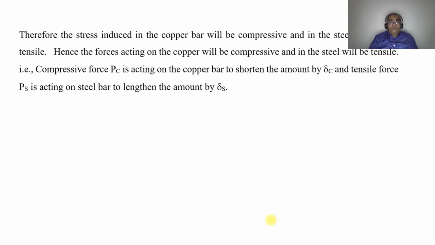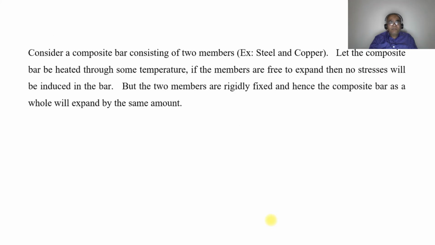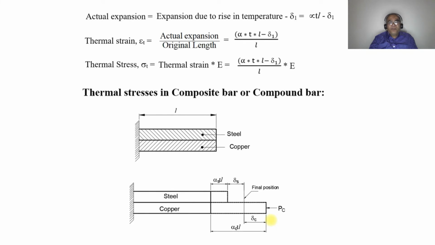So the compressive force PC acts on the copper, shortening it by the amount delta C, and the tensile force acts on the steel bar, lengthening it by the amount delta S. That is what we can see here. If you see here, alpha S into T into L, still for the final position, delta S is what you need to cover, so there will be further expansion, and therefore you get a tensile force.